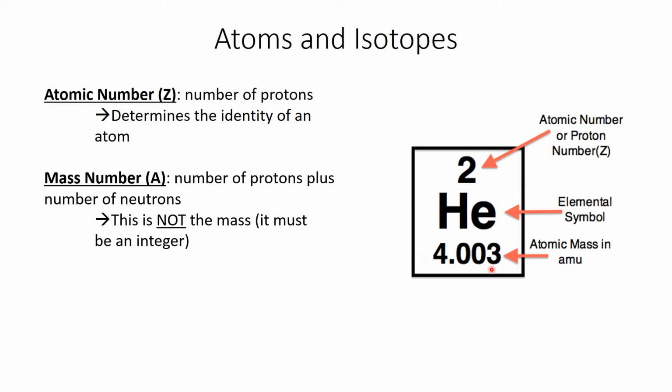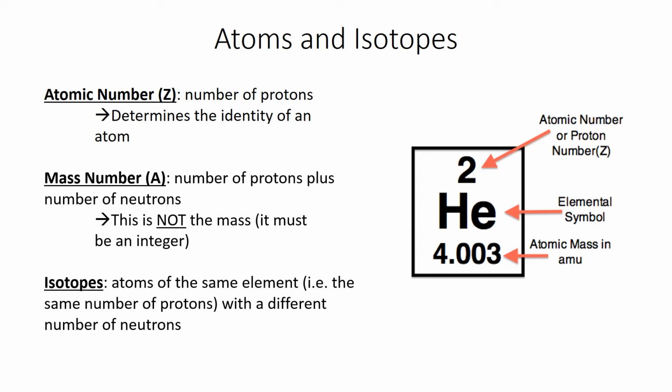The atomic mass is actually an average of all the different mass numbers of the different atoms that exist. So this number is not the mass, it's an average of millions and millions of mass numbers of the atoms. To find the mass number, you just add the number of protons to the number of neutrons.